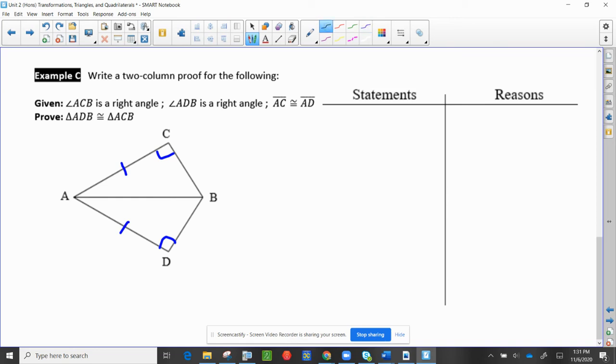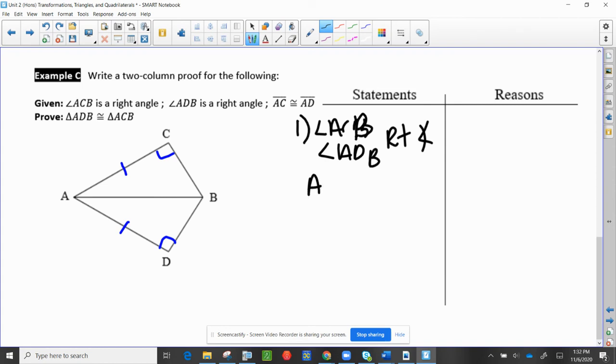Okay, so let's start with our given statements. So we know that angle ACB and angle ADB are right angles.